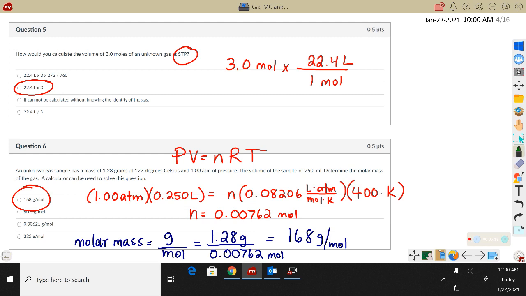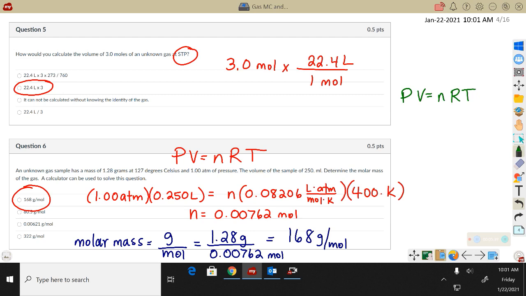This 22.4 comes from PV = nRT, where if you plug in standard pressure, we'll leave volume as our variable. n would be 1 mole. R would just be the gas constant at whatever pressure unit you chose.